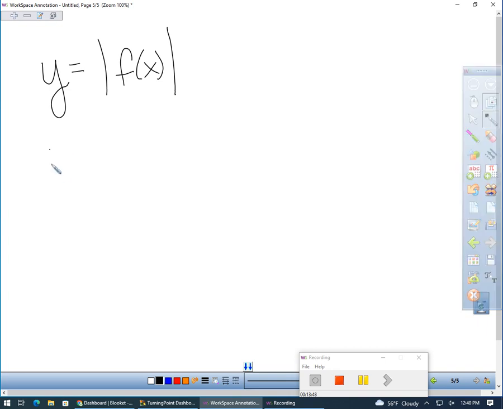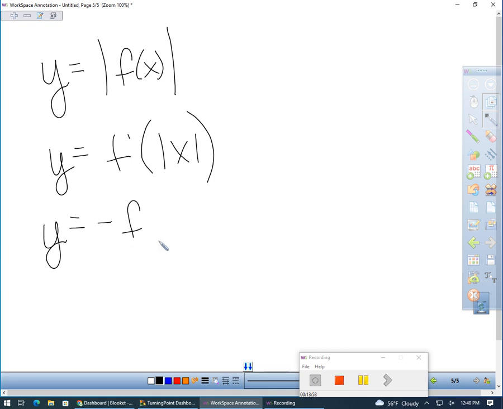We could see y equals f of the absolute value of x. We could see y equals negative f of absolute value of x. And last one, y equals the absolute value of f of the absolute value of x.